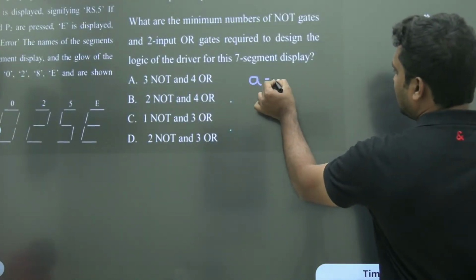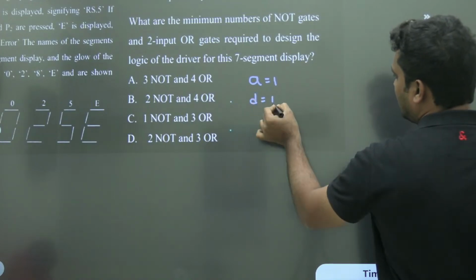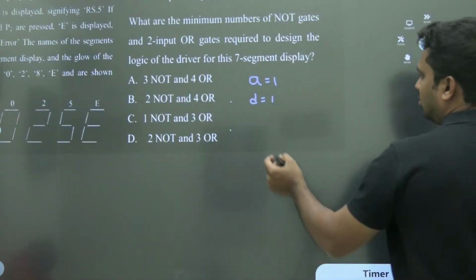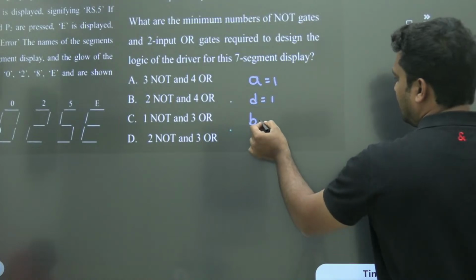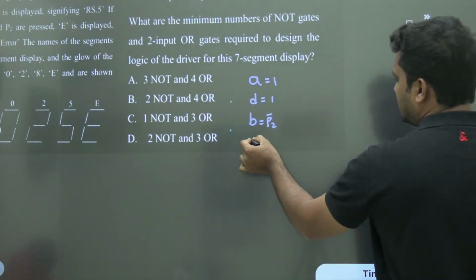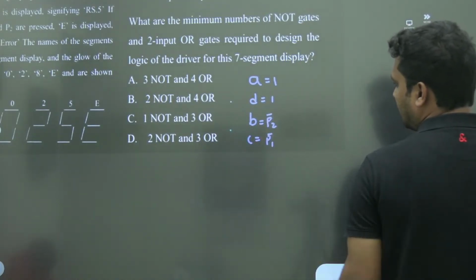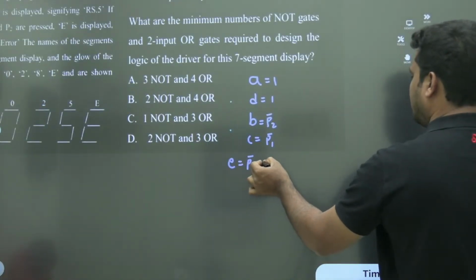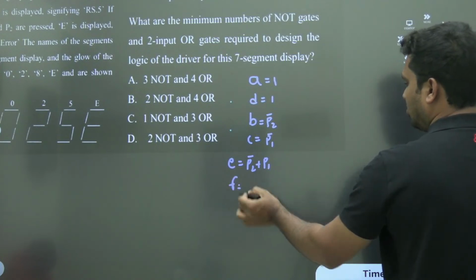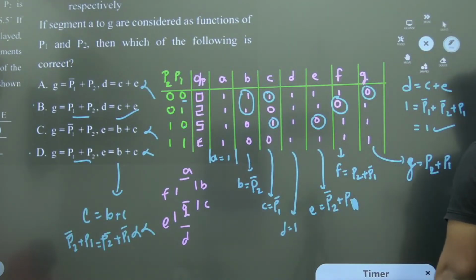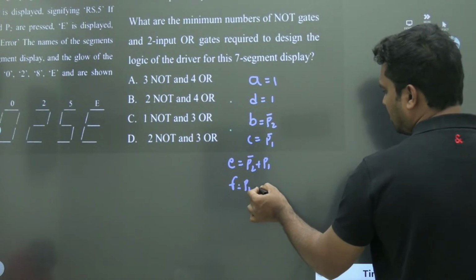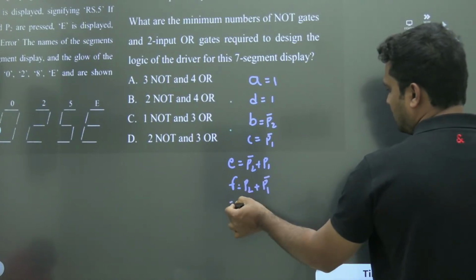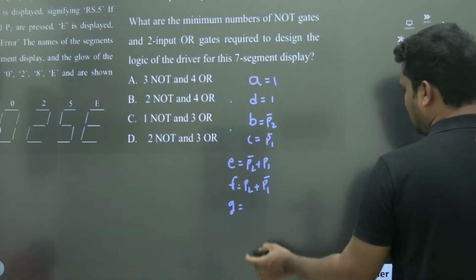A equal to 1, D equal to 1, B equal to P2 bar, C equal to P1 bar, ABCD हो गया, E equal to P2 bar plus P1, F equal to P2 plus P1 bar, G equal to P2 plus P1.